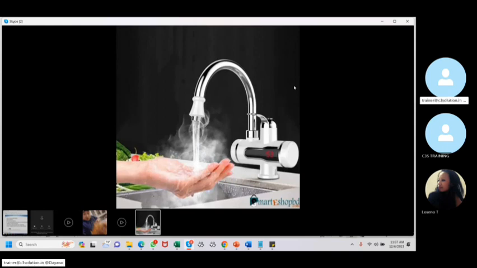I've already told you, if you have 5 taps and you are using that electric standalone hot water system, you can get water from all the taps. If you are using this instant one, for the tap where the instant hot water system is connected, for that tap alone you will get hot water. The other taps you will not get it, because it is not connected to any other taps.